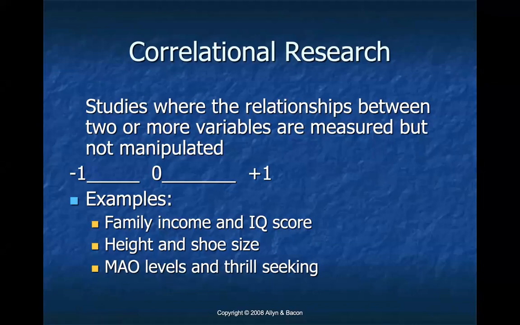But there are a lot of people that don't have a lot of money that are pretty intelligent. And there are a lot of people that have a lot of money and they make very foolish decisions. So is it IQ score, or could it be something else?